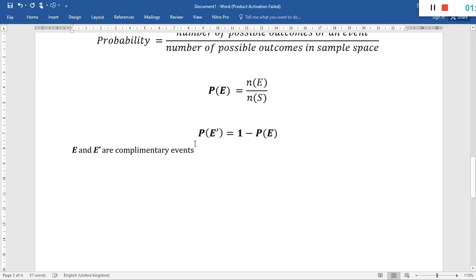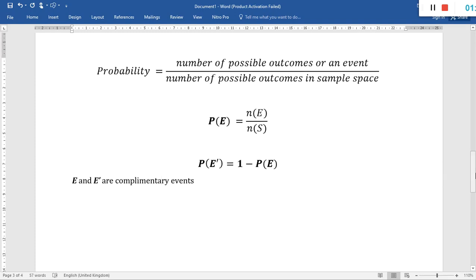So E is complementary to E prime, and E prime is complementary to E. Everything outside the possibility of E occurring is complementary to E, and everything outside the possibility of E prime occurring is complementary to E prime. And so to calculate the probabilities, we simply subtract this probability from 1, because by the time you add the two probabilities together, you're actually getting 1.